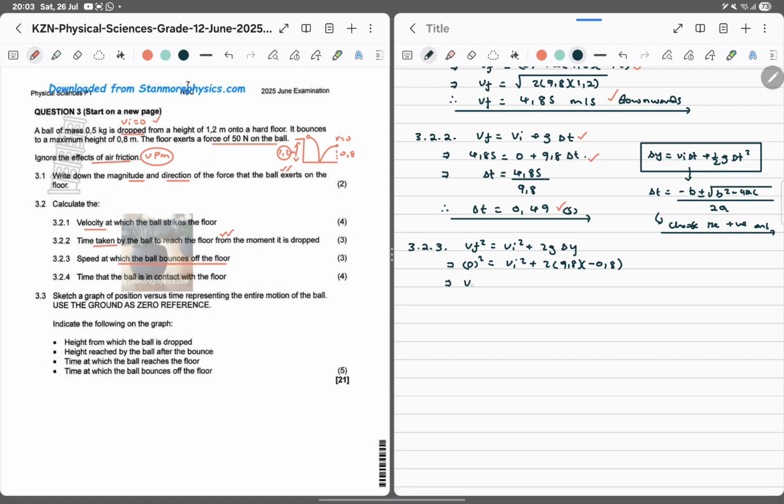Okay, we know that the initial velocity squared is going to be equal to, in fact, let's just do the gymnastics nicely. It's going to be the square root of 0 squared minus 2 into 9.8 into minus 0.8, isn't it?